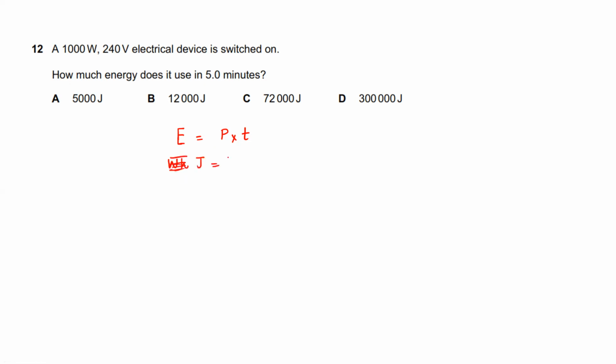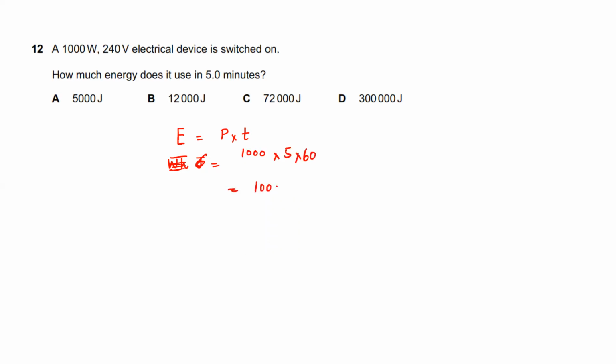Energy is in joules. Power is 1000 watts, and time is 5 minutes, and so time should be in seconds, so multiplied by 60.